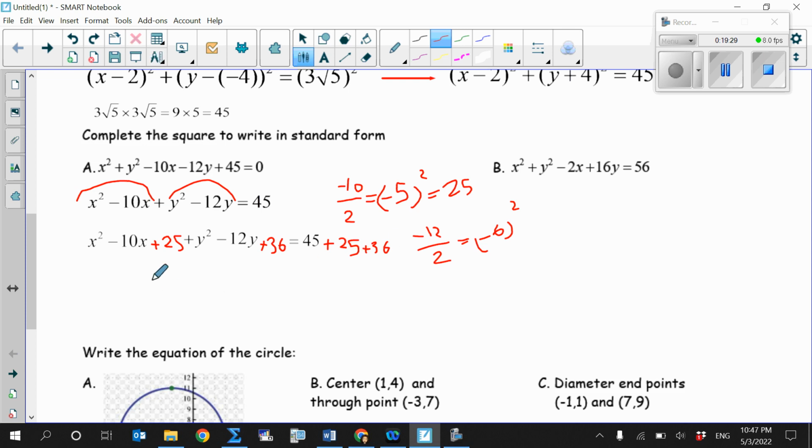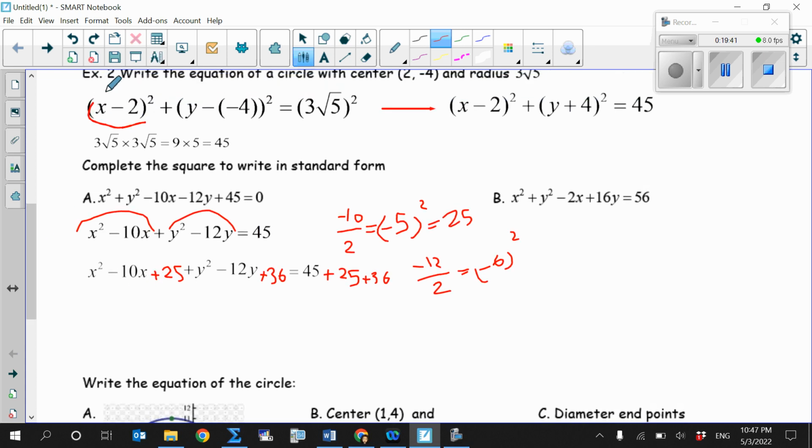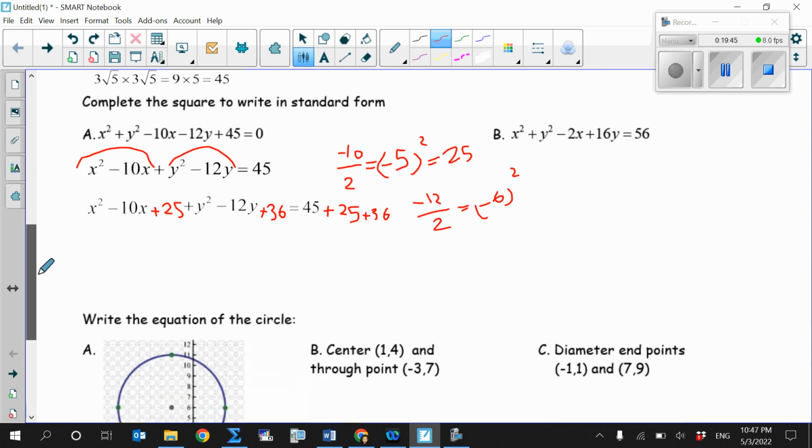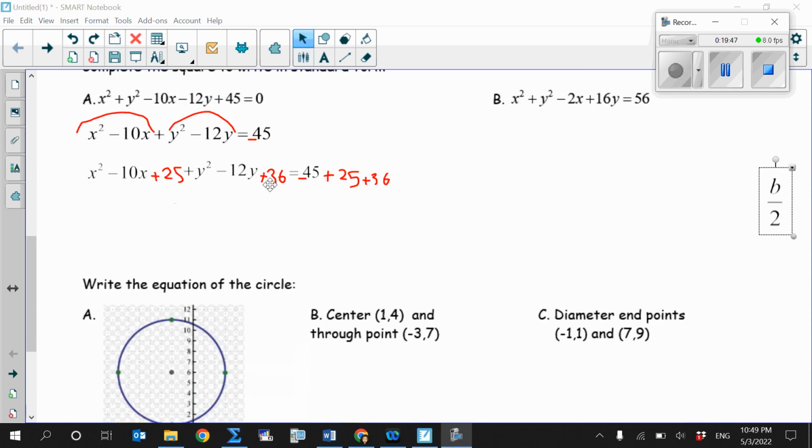Okay, now let's see how we can make this to the form of x minus h squared. That means a perfect square that looks like, for example, something like this. Okay, how do I do that? As I said before, if we have x squared minus 10x plus 25 and want to change it to the perfect square, all you need to find is the b value and divide it by 2.